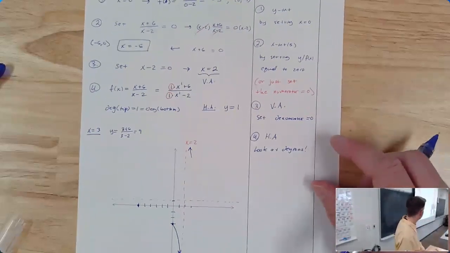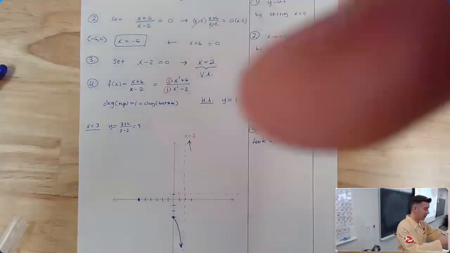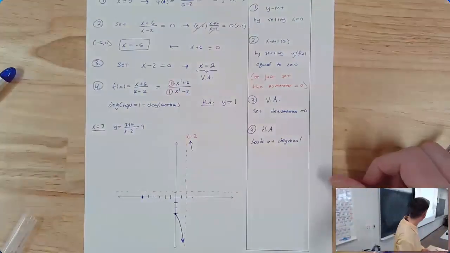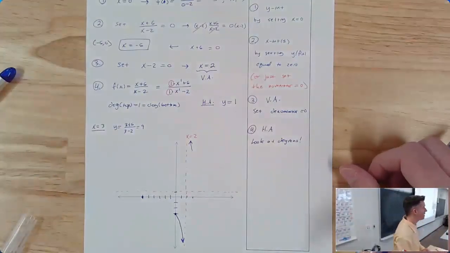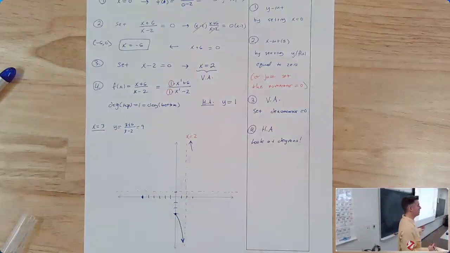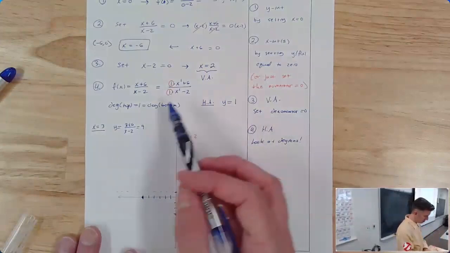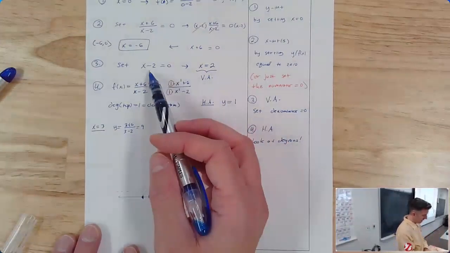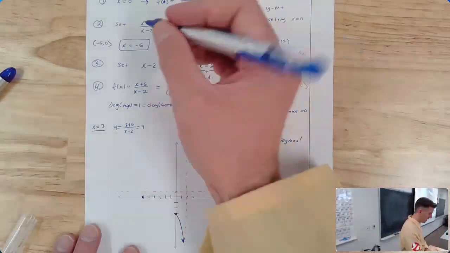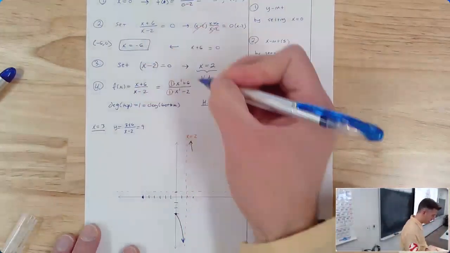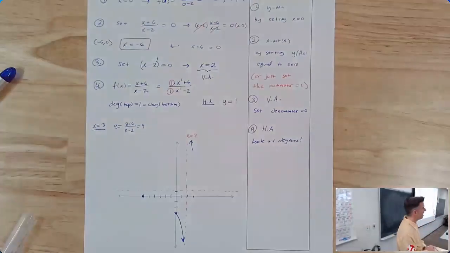The other way to see this, which I like less, or which I like more, but I feel like it's not always super straightforward, is to actually look at the multiplicity of the asymptote. So this asymptote, x equal to 2, came from this factor, x minus 2, which had what multiplicity? 1.